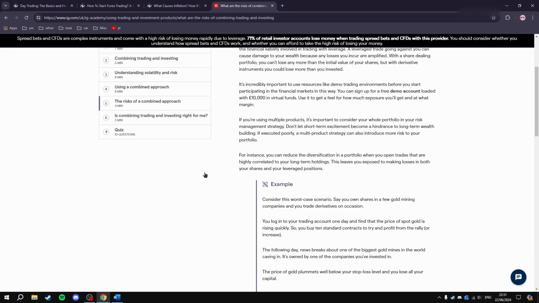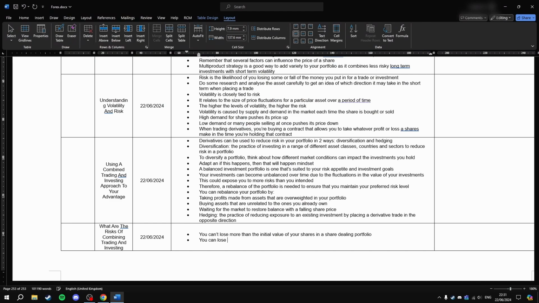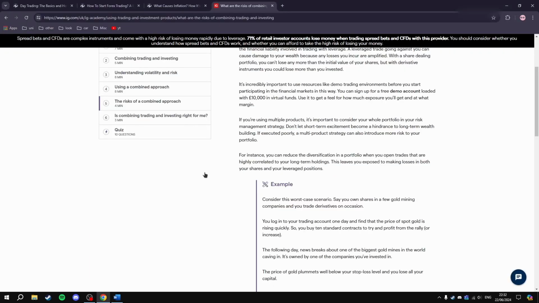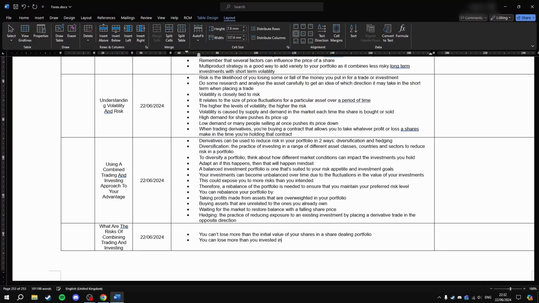You can lose more than you invested when dealing with derivatives.